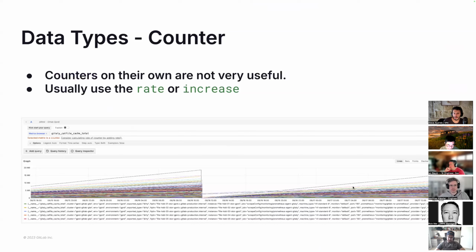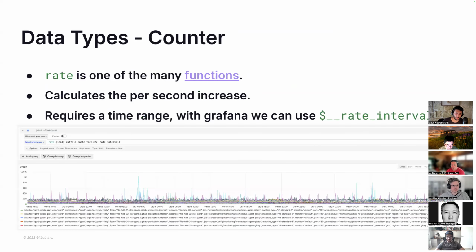On their own, they're not really useful because it's always going up, so you can't really read much from the data. And that's when you usually use a rate or an increase function on that metric. So rate is a function. We'll go into a bit more detail on functions, but I wanted to show how counters are useful.